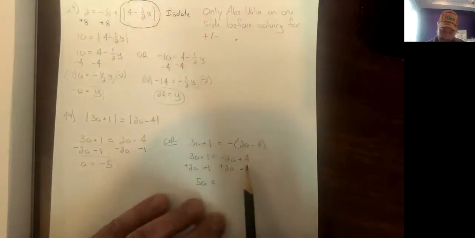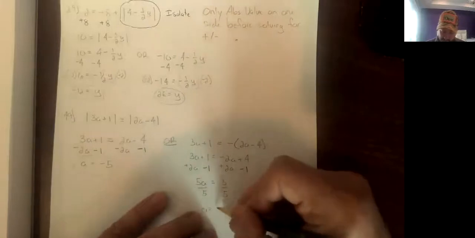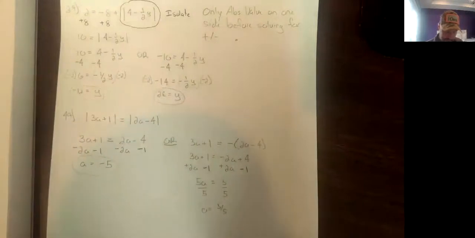Remember, I'm dealing with different signs, so it's going to be a different answer. So I have 5a now over here, and I have positive 3 over here. And yeah, I get a fraction, but I got it by simple division, so it wasn't that nasty of a problem. So a is 3/5. So a equals either 3/5 or negative 5, and that was all I had.